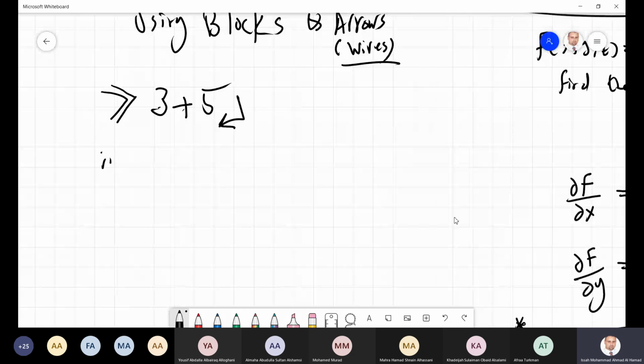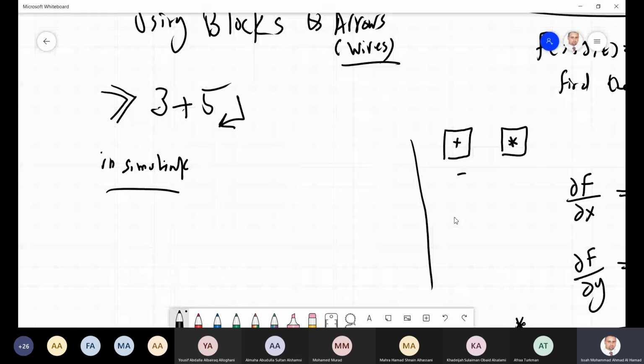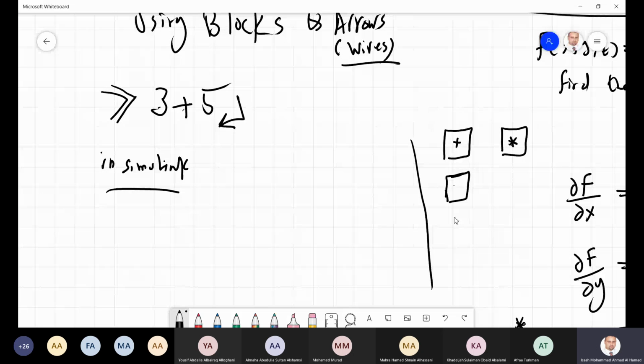So in Simulink, I will give you blocks, something like, for example, this is a block for simple mathematical operation, addition. This is a block for multiplication. This is a block for, let's say, sine or trig functions. This is a block for whatever.